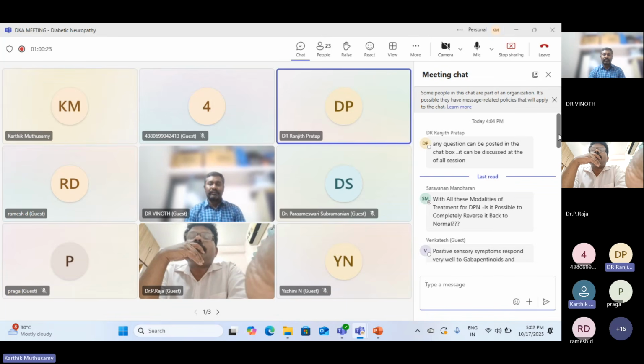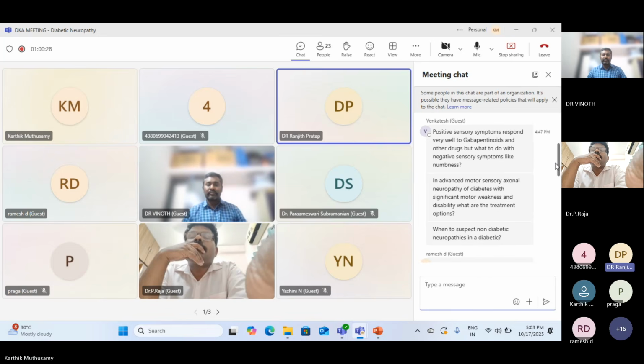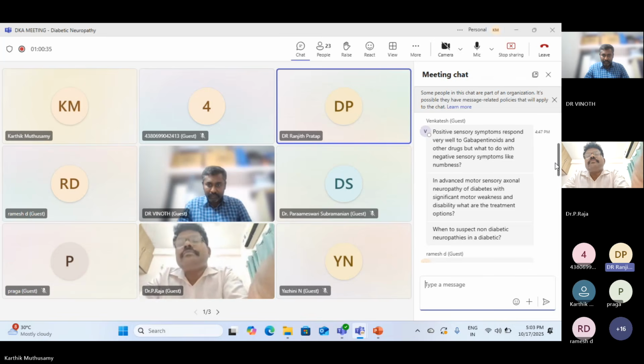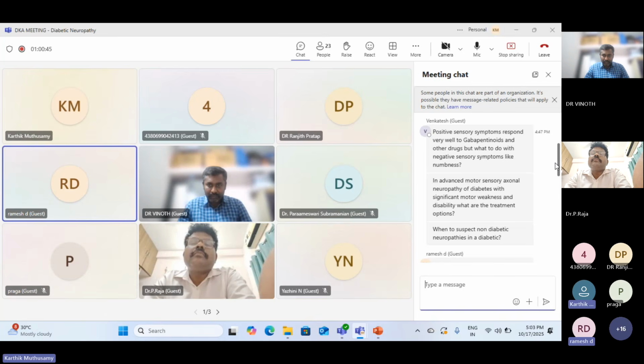Generally, the positive symptoms respond very well to all medications. But what about negative sensory symptoms like numbness? All the drugs which we mentioned and discussed are mainly for the positive symptoms, especially painful diabetic neuropathy, and other mechanism-based drugs dealing with the pathophysiology of diabetic neuropathy.